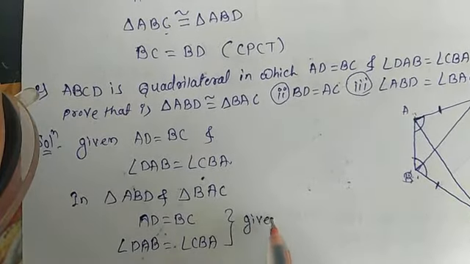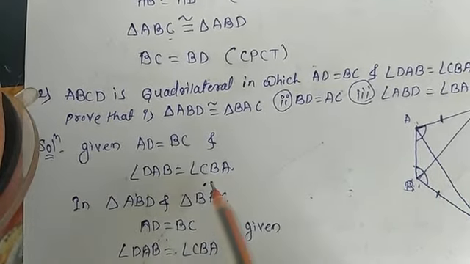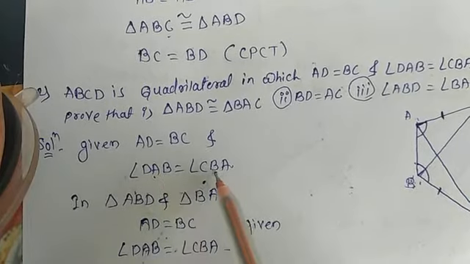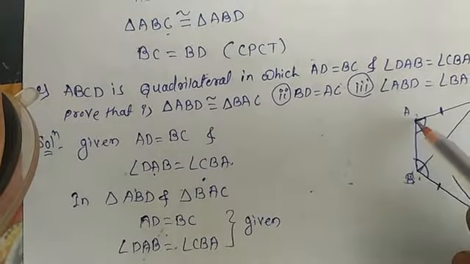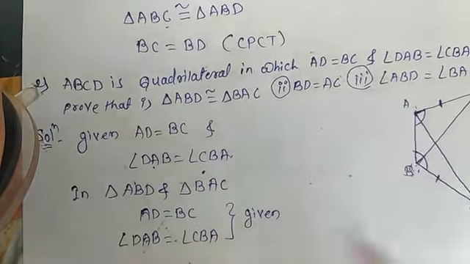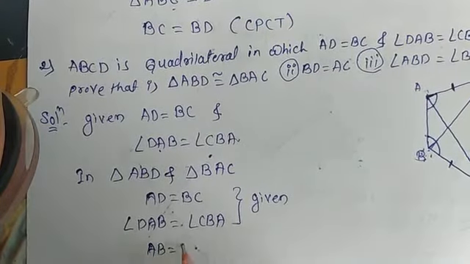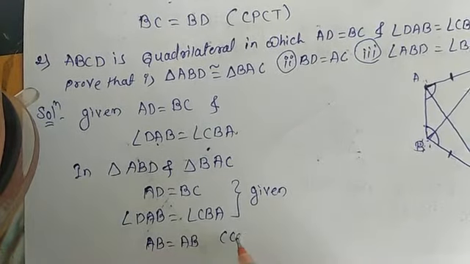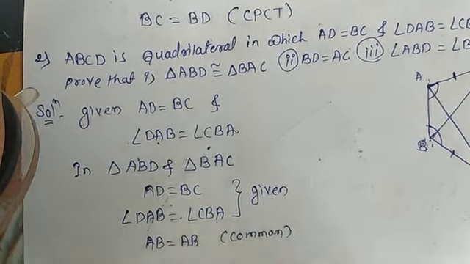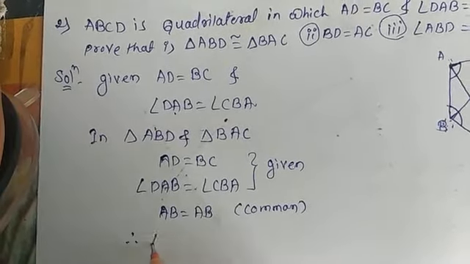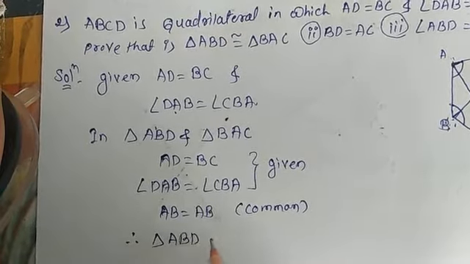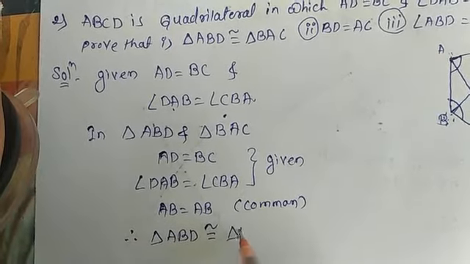Now if you see carefully, side AB is common in both triangles, therefore AB is equal to AB. So you can say that triangle ABD is congruent to triangle BAC.